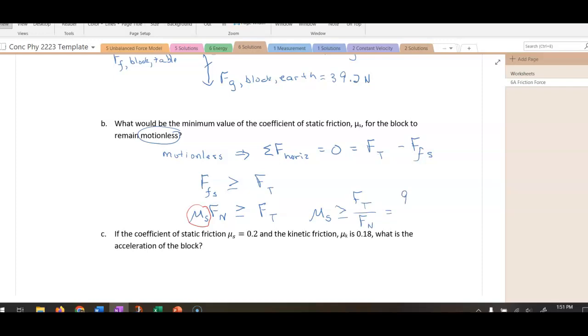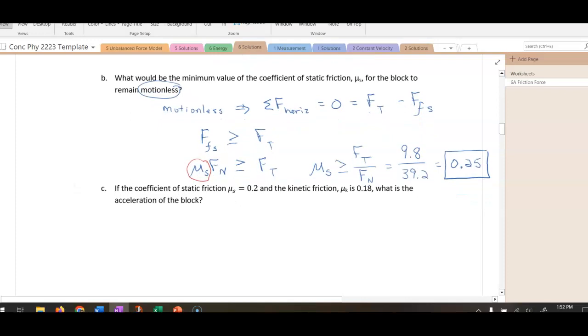Well, the tension force is 9.8, the normal force is 39.2, and so I get 0.25. If the coefficient of static friction is at least as big as 0.25, then the block will remain motionless even though that little lap mass is pulling on it, on that string.